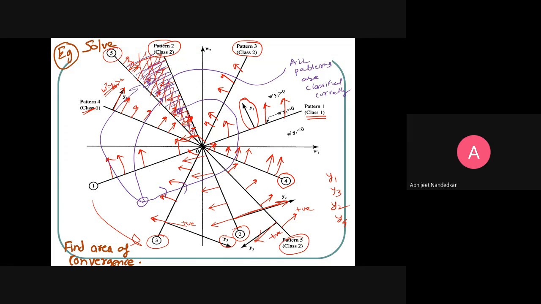Even if you iterate, your algorithm will not move the weights. This is the area where, if you keep your weights, we say your neuron is trained. This process is called training of a neuron or neural network, or learning of a neuron. Both are the same.